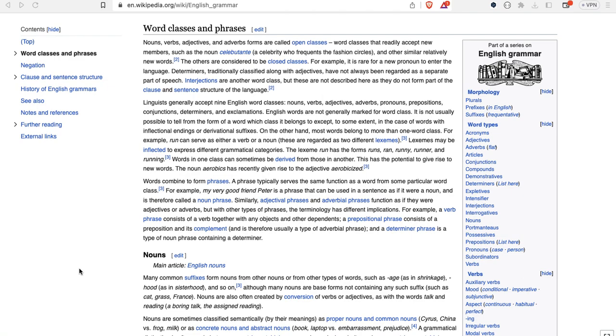For example, a verb phrase consists of a verb together with any objects and other dependents. A prepositional phrase consists of a preposition and its complement, and is therefore usually a type of adverbial phrase. And a determiner phrase is a type of noun phrase containing a determiner.